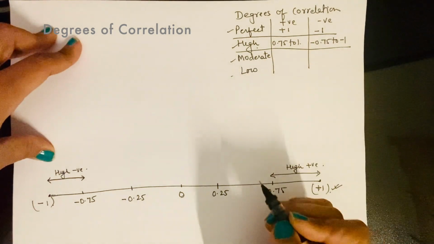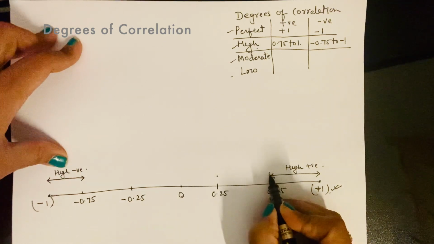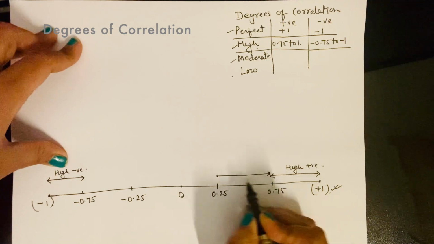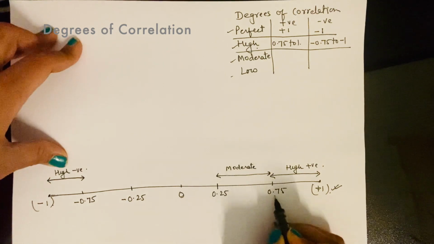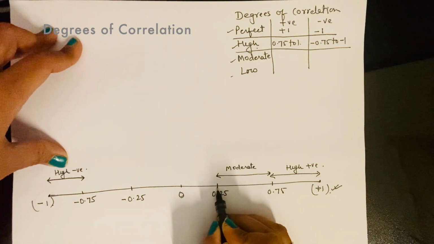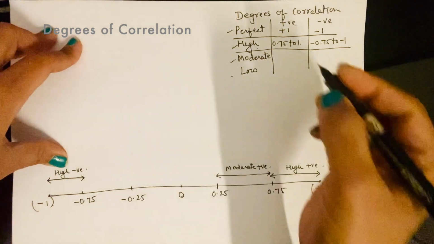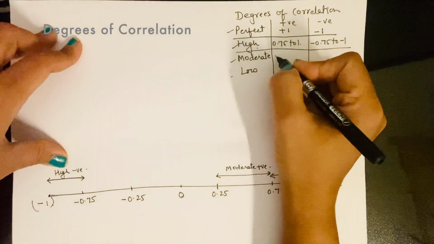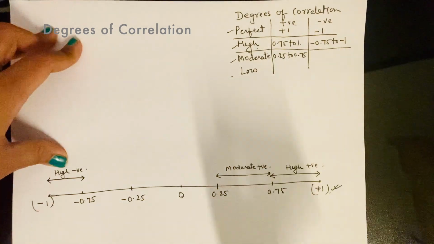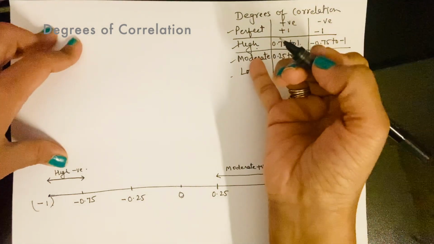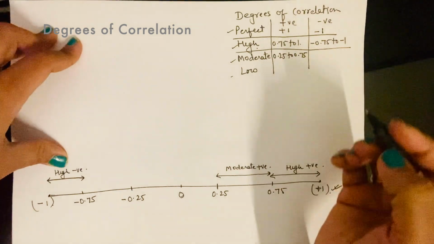Now we'll talk about the moderate. Any value between this and this point will be your moderate value. What are these points? 0.25 and 0.75. So any value between 0.25 to 0.75 towards the positive side will be the moderate positive value, a moderate degree of positive correlation.